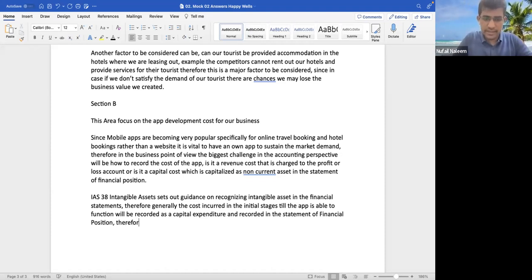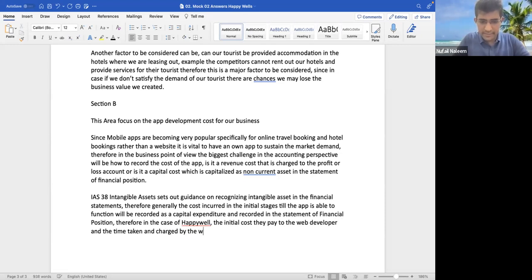Therefore, in the case of Happywell, the initial cost they pay to the web developers and the time taken and charged by the web developers for testing the apps and making sure the functions are fine in the initial stages needs to be accounted as capital expense. Full stop.